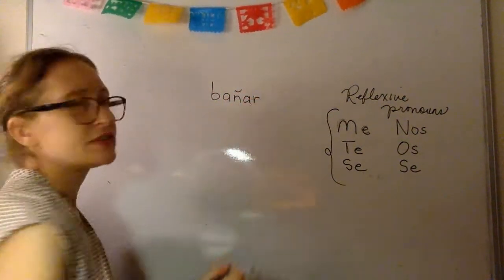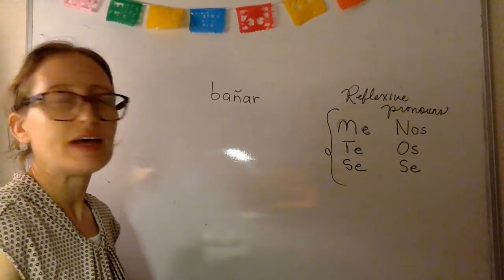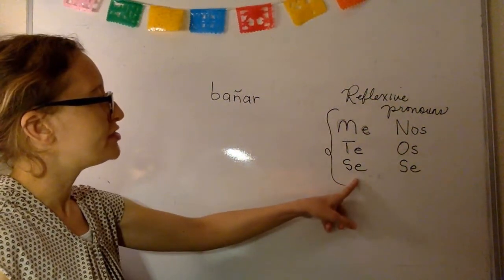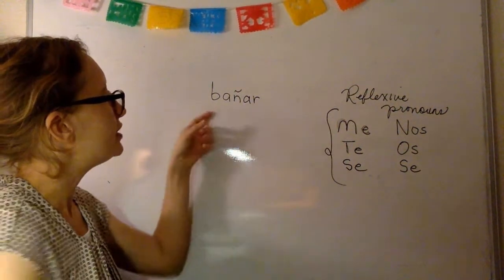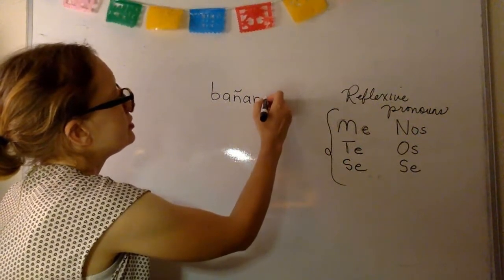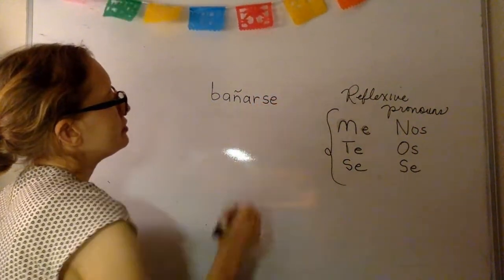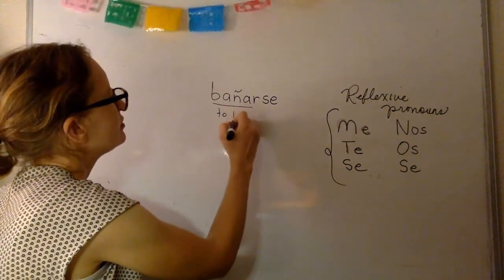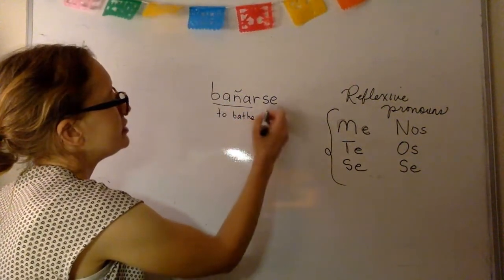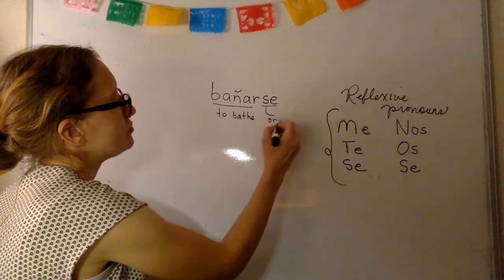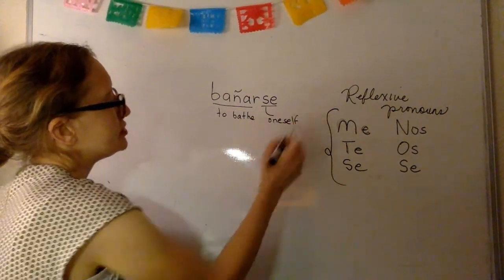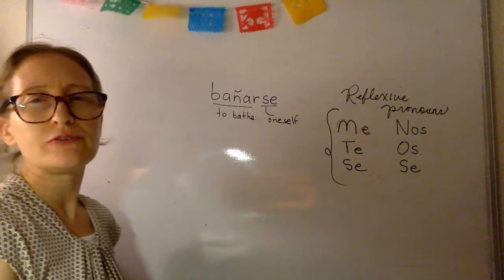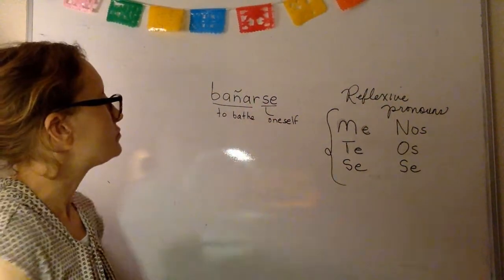Often you'll see the verb bañar, to bathe, with a reflexive pronoun attached. So we have the infinitive plus a reflexive. And the se on the end indicates it's oneself. This is the infinitive, the generic neutral form of the verb, bañarse, to bathe oneself.